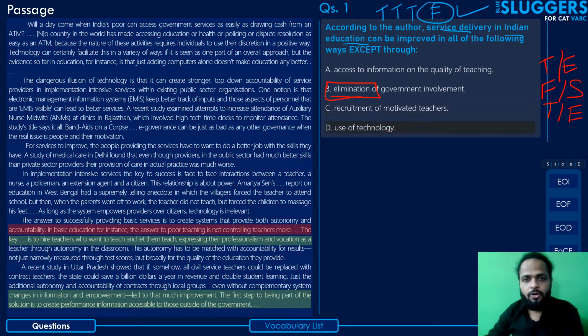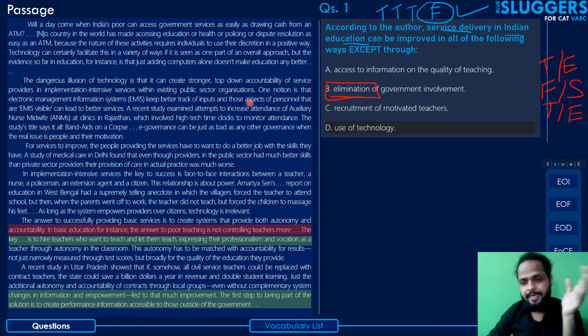Coming to option D, use of technology. The viewers who eliminated the second option because they confused the author's talk about reducing government involvement with elimination, in most cases would have gone for this option, because the author seems slightly biased against technology.